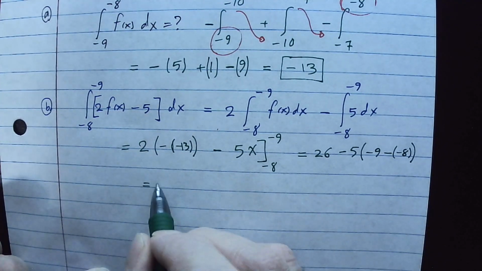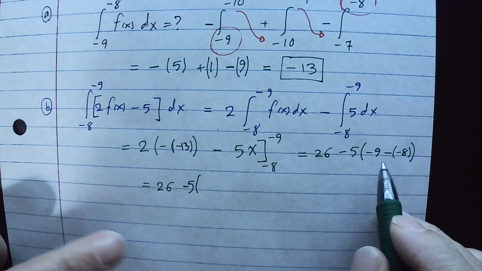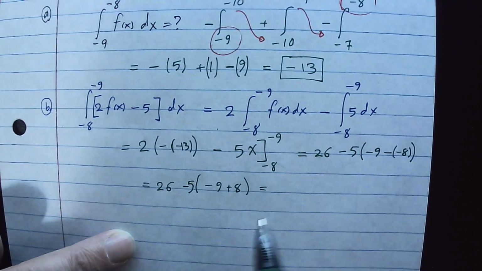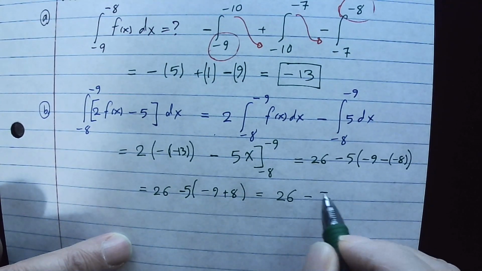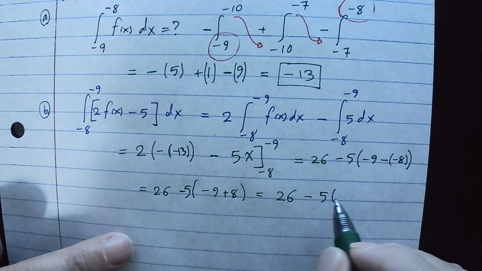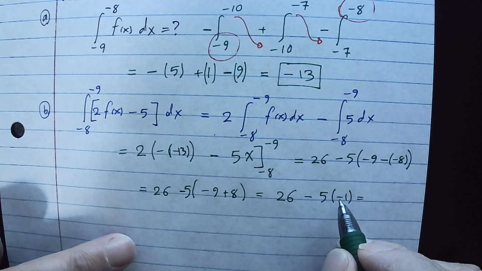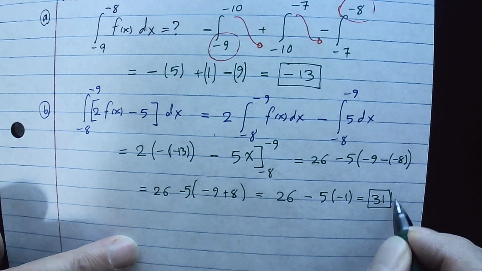If you do this, 26 minus 5 times negative 9 plus 8, this gives me 26 minus 5 times negative 1. Negative negative is positive. This is 26 plus 5 is 31.